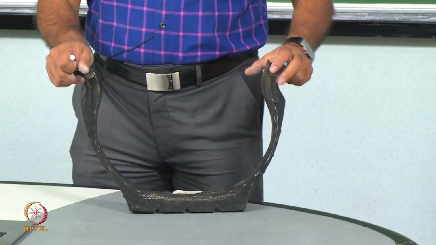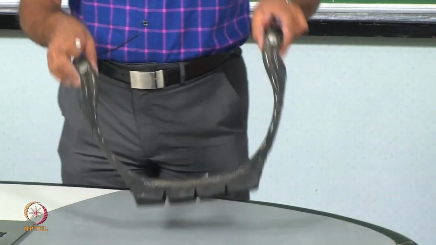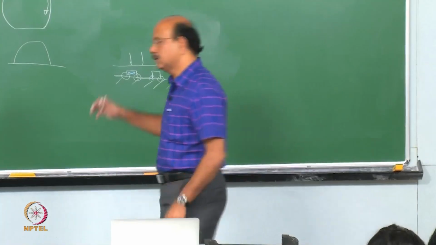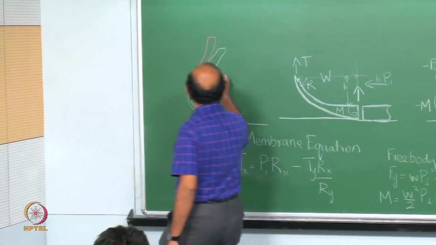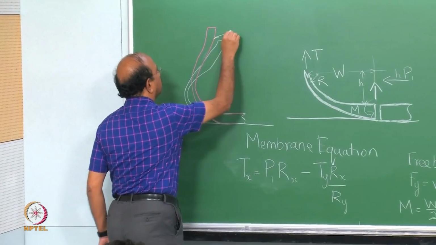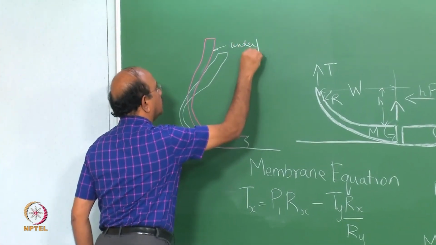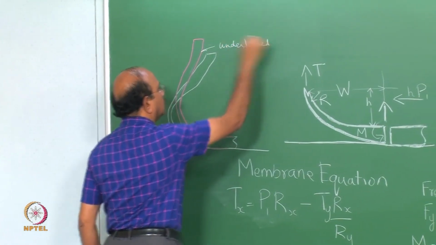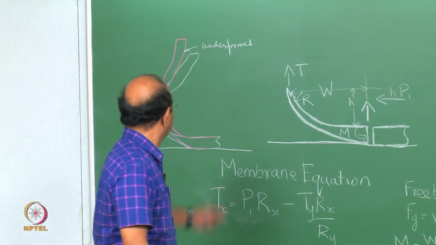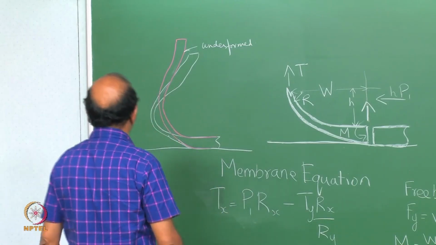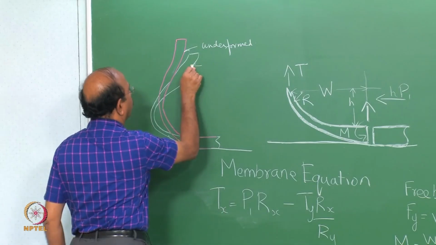And that's going to have an effect which is very important for this contact pressure distribution. In other words, if this is the undeformed sidewall, then under load this becomes the deformed sidewall.